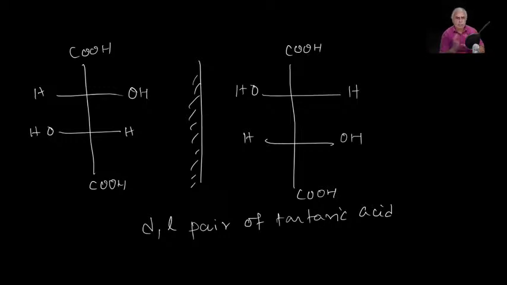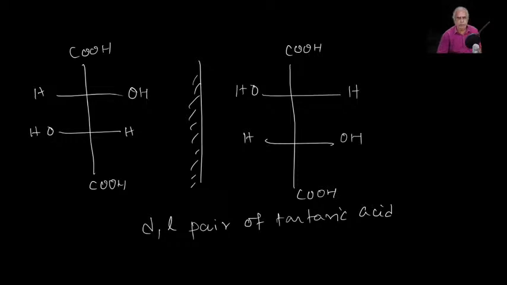And the mixture of these two, when they are mixed together, results in an optically inactive mixture. Such an optically inactive mixture by external compensation, by mixing D form and L form, that is DL form, can be called racemic modification. Okay, so please note down.